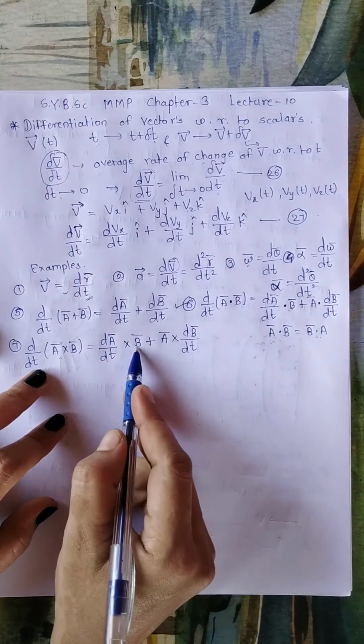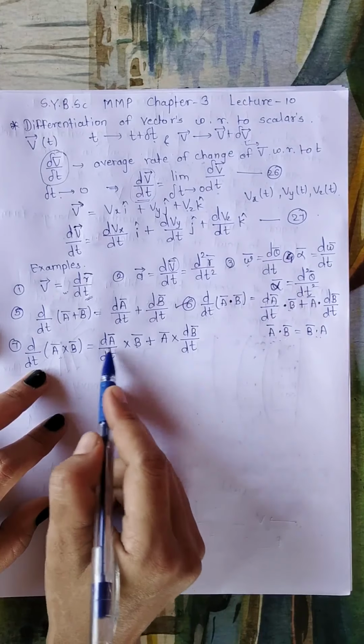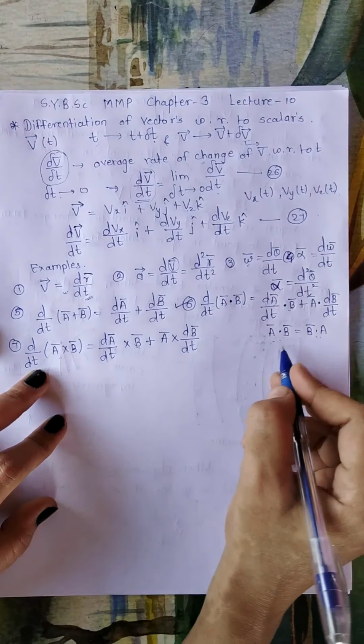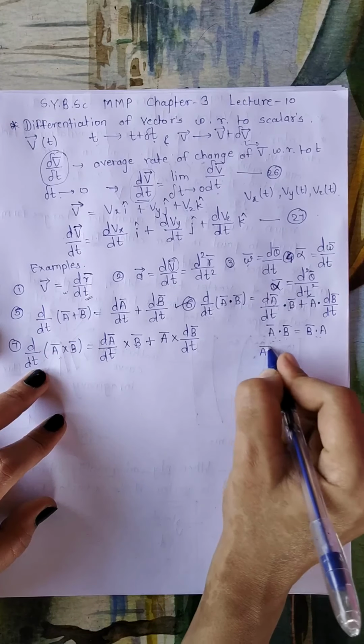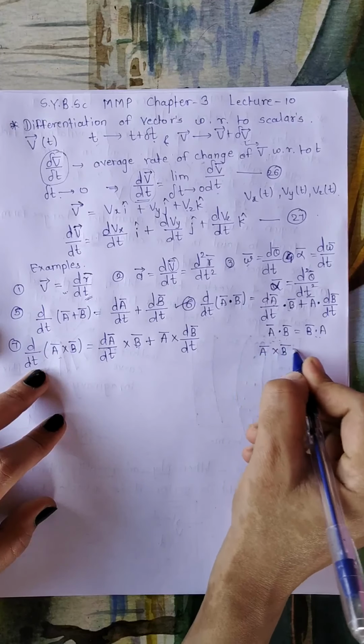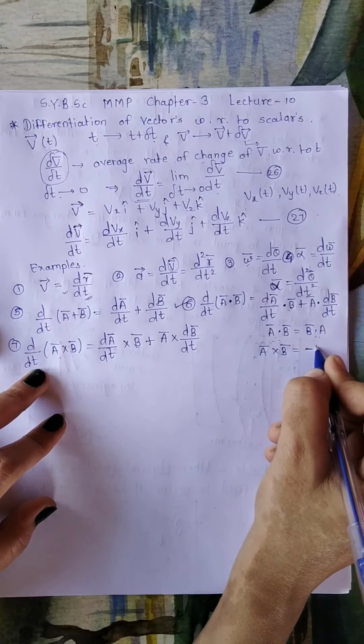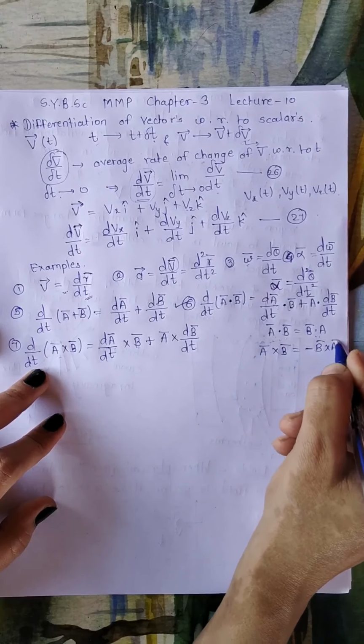If you exchange the position of these two terms, it becomes negative, since a bar cross b bar is equal to minus b bar cross a bar. These are not equal.